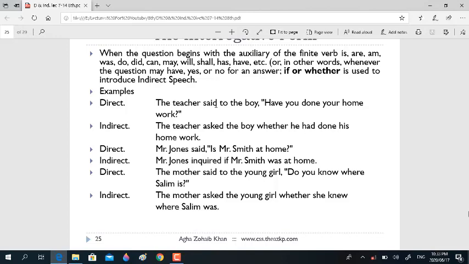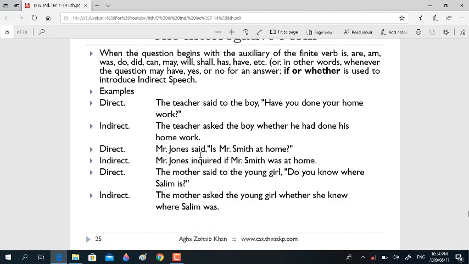The teacher asked the boy if, you have to bring this over here and have in the place of this subject. So the teacher asked the boy if he, it will change according to the object, the boy, he had done his homework, full stop, right? Other changes will go on accordingly.